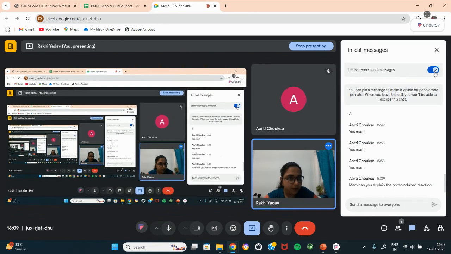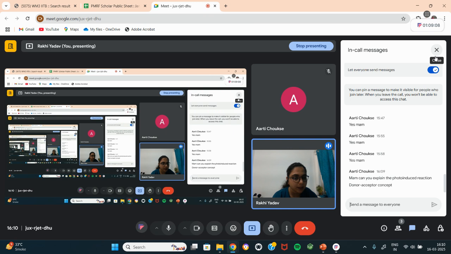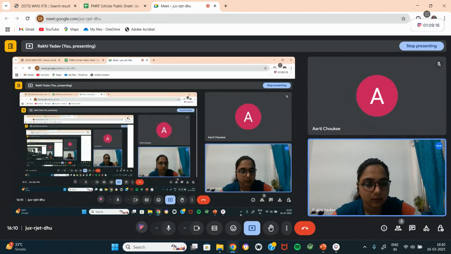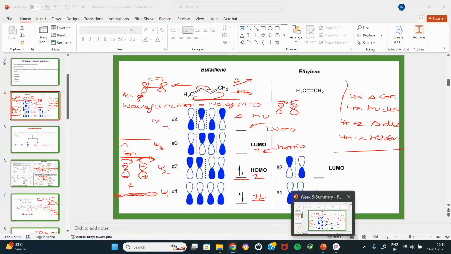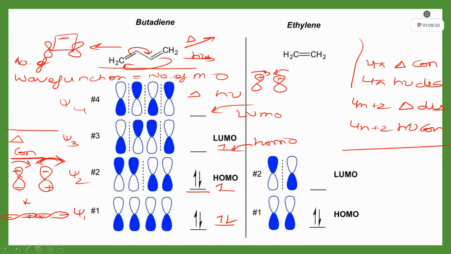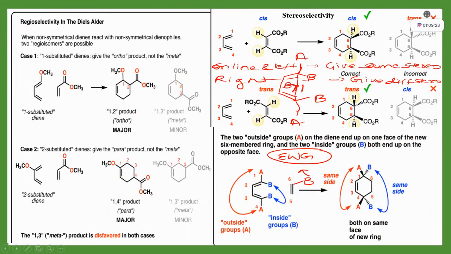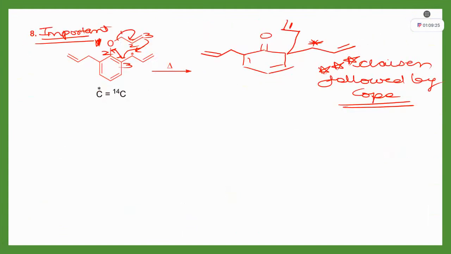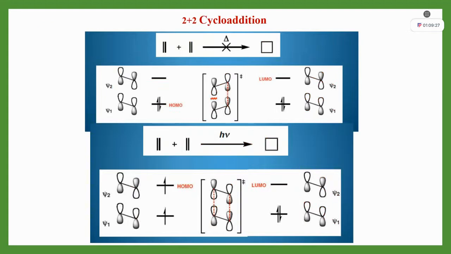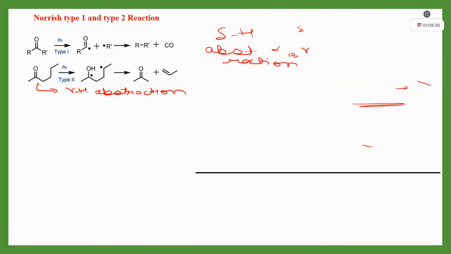Can you tell me the problems based on this topic? Photo-induced reaction means reactions which are driven by your photo. Okay, that donor acceptor concept. Basically, Aarti, in that donor, actually, I don't have problems related to that concept here.